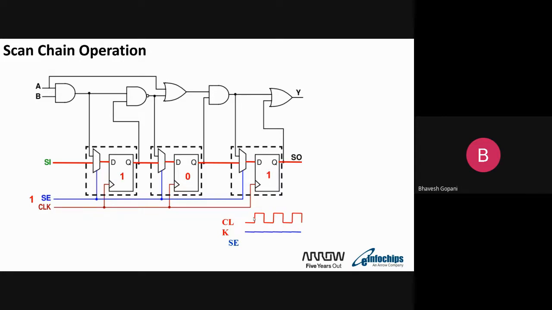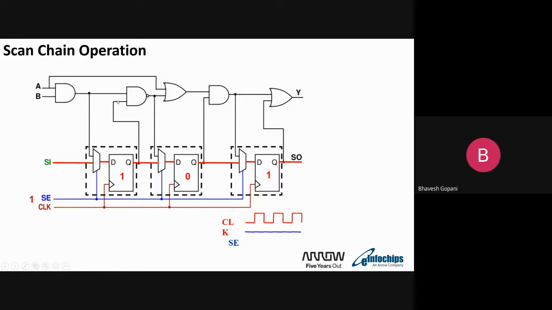So why do we need shifting actually? The shifting will fix the value at the internal node. Our ultimate goal is to test this logic, not anything here. Our goal is to test this combo logic. As I said, the earlier question was whether this point is controllable or not.